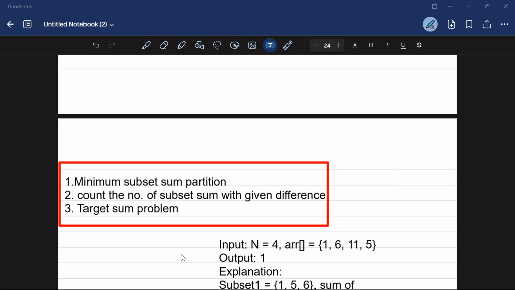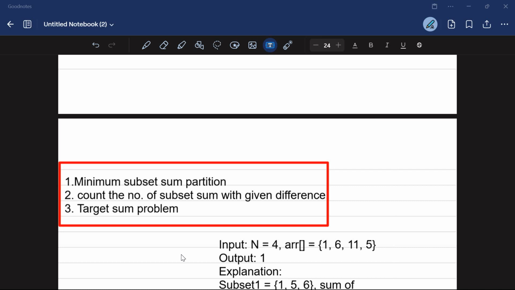These three problems are related to the previous problems, okay. If you don't watch my last video, you will never understand this problem and what approach I am using in my solution. So I request you to go to my previous video, watch that first, and after that watch this video, okay.